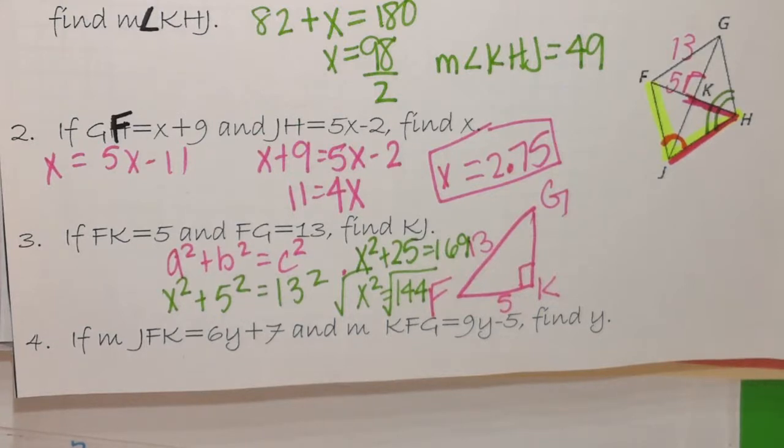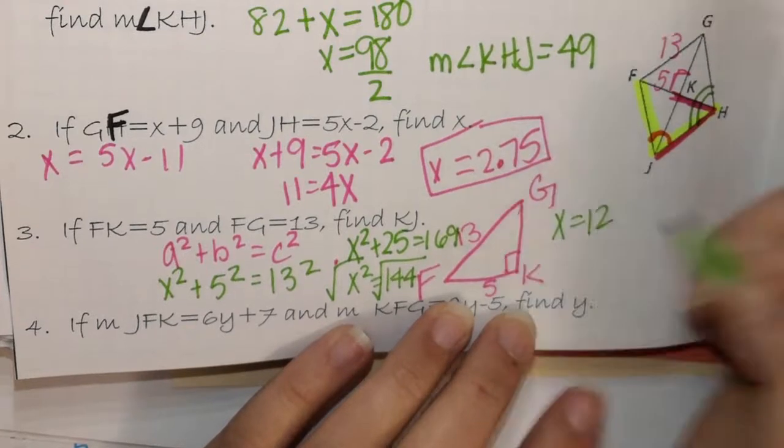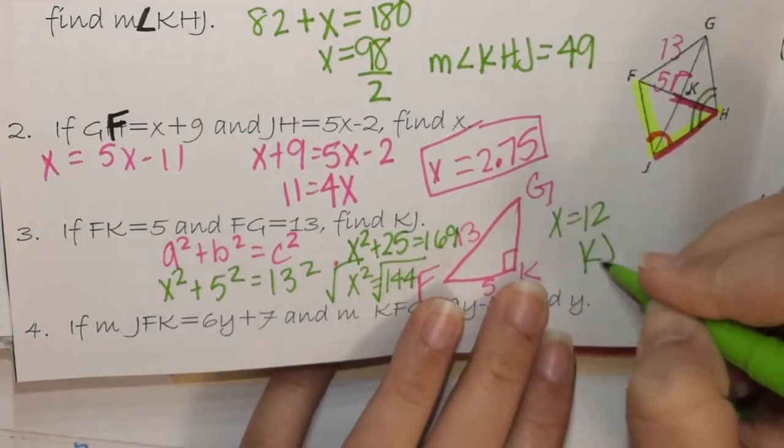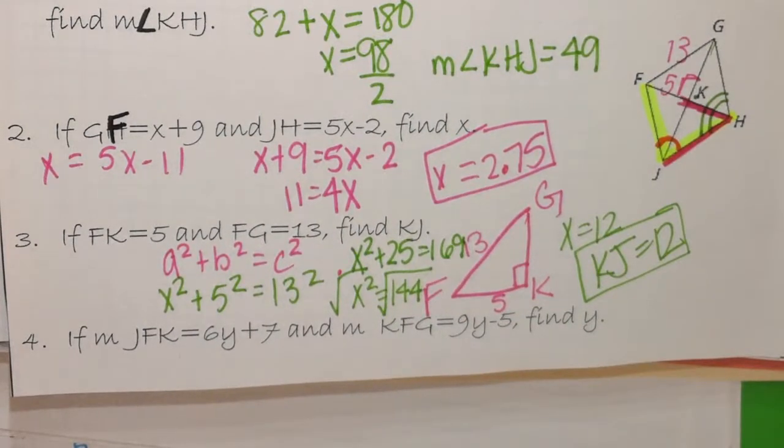And what's the square root of 144? 12. So if GK is 12, what's KJ? 12. Mind blowing? Because we're applying the Pythagorean theorem, y'all's minds are blown?